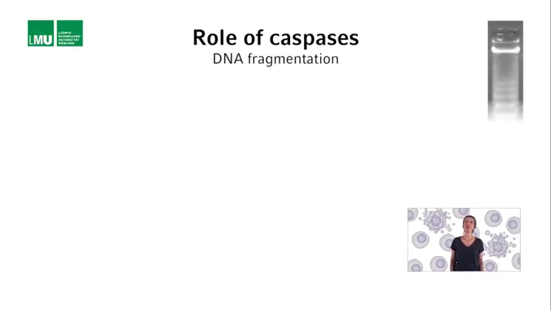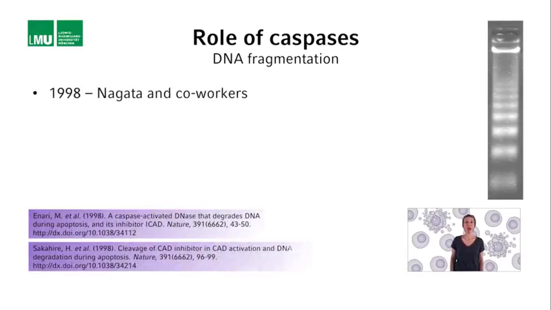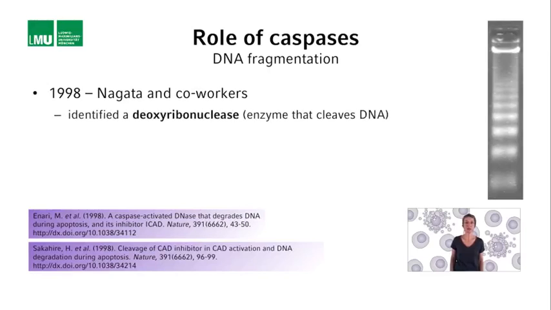Let's start with the specific activation in apoptotic cells of a nuclease that causes DNA fragmentation. Using biochemical approaches, Nagata and co-workers at Osaka University Medical School in Japan identified from mouse lymphoma cells a deoxyribonuclease that is activated by caspases in apoptotic cells.